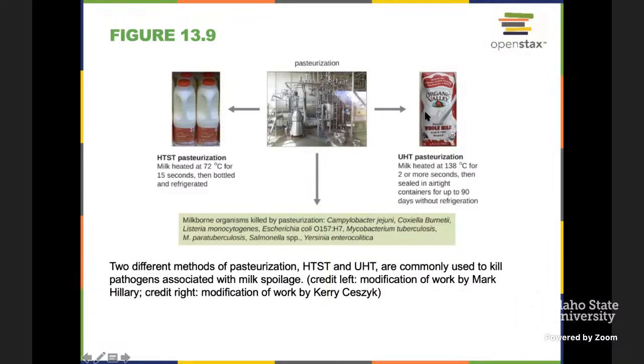And you can definitely see some of these products at the supermarket on the shelf, not in the refrigerator section. And they are stable for a few months without refrigeration. Once you open that milk, it needs to be refrigerated, but it doesn't need it until that's occurred.